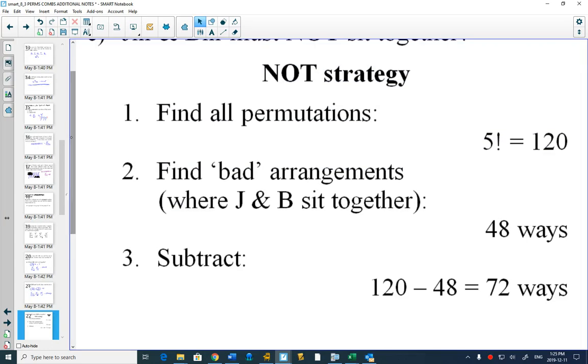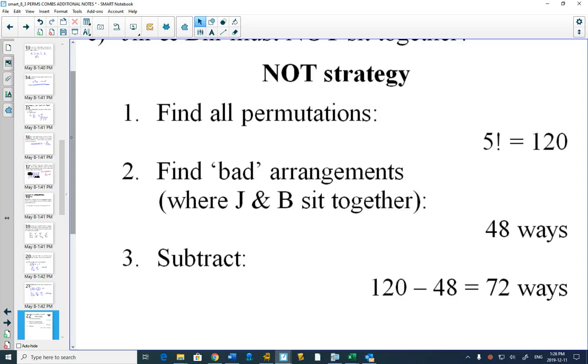Does that make sense? If you tried to count it directly, it's possible, but really time-consuming and hard. You could say, okay, maybe Jill was in the first seat, but then it can't be Bill in the second, but then Bill could be in the third or the fourth or fifth. So you could sort of deal with restrictions.